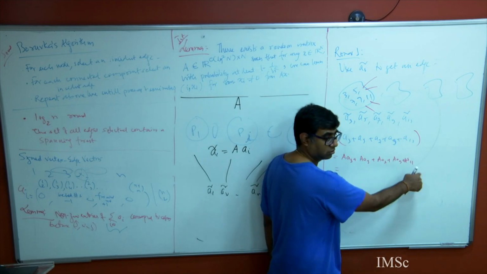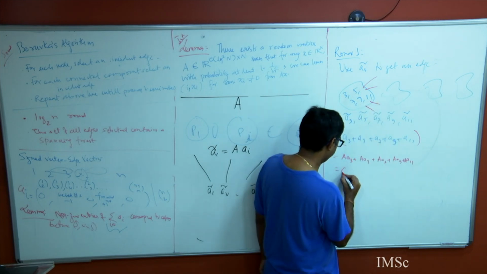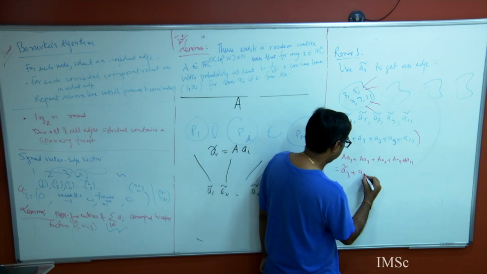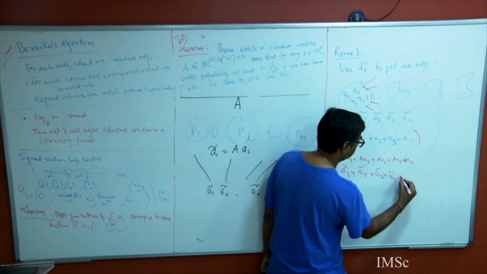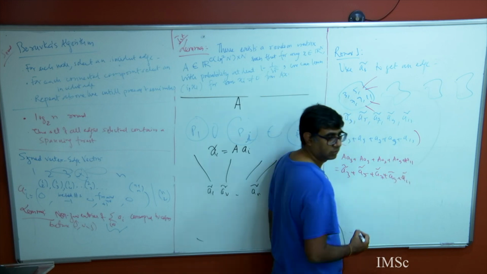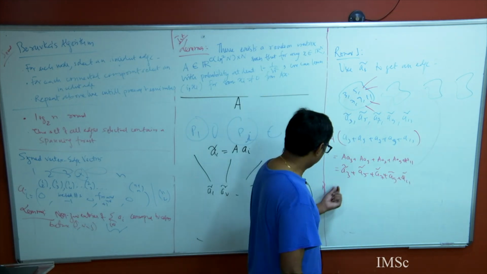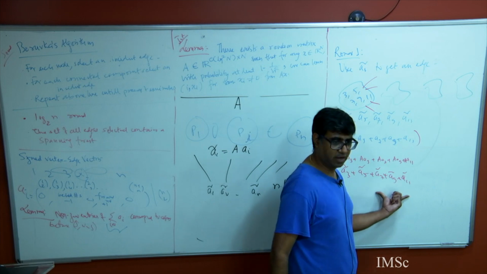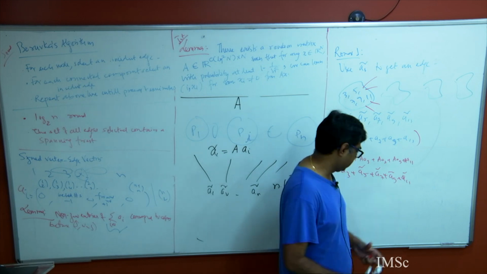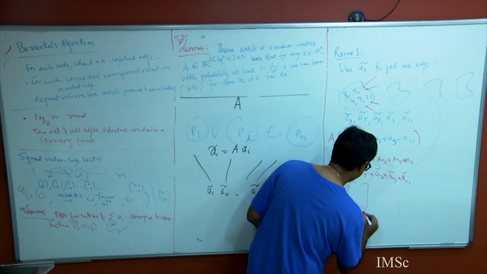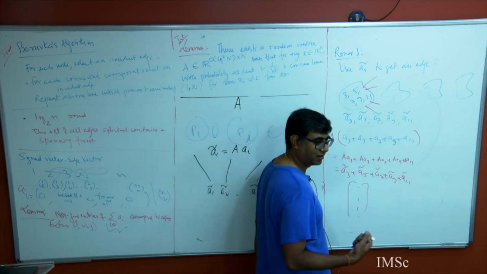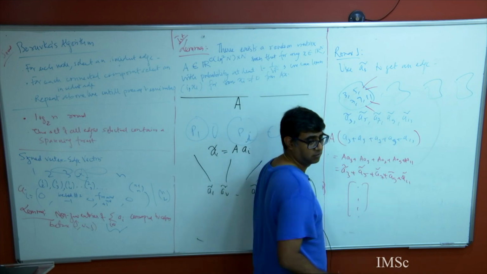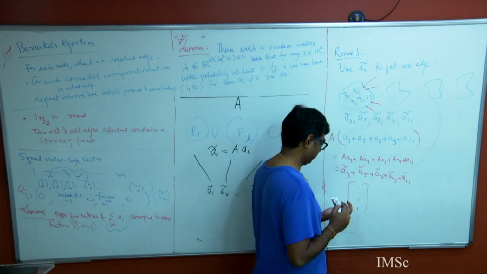But this I know, I have. This is precisely A_3 tilde, A_5 tilde, A_7 tilde, A_9 tilde, A_11 tilde. So I sum these, and I look at this vector, and I would like to use this to extract an edge incident to this. Okay? This is not going to work.